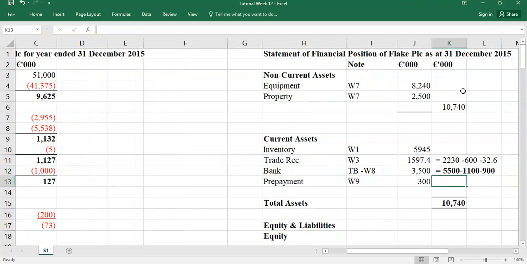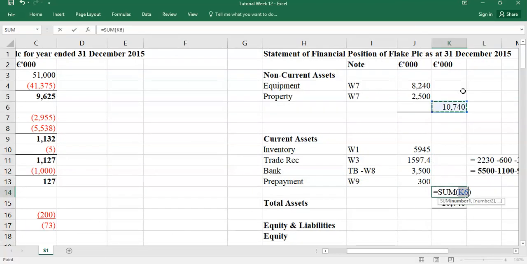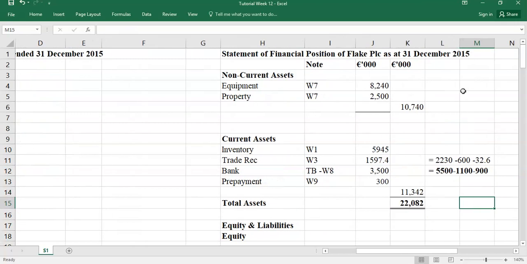So 3.5 left. And that means your current assets here will be 11342 and your total assets 22082. So that's why this approach is probably not the best one, where you leave it till the end. I'm only doing it to make it easier to show it all on the same screen. If you had a template set up and you're slotting them in as you go along, you'll probably get a lot more marks and you run a lot less risk of leaving out something obvious.